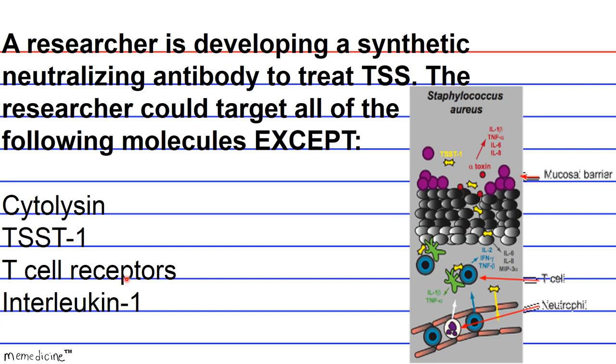The researcher could not reasonably block T cell receptors because doing so would also block the beneficial immunologic functions these cells provide in other cases of infection. Okay? All right.